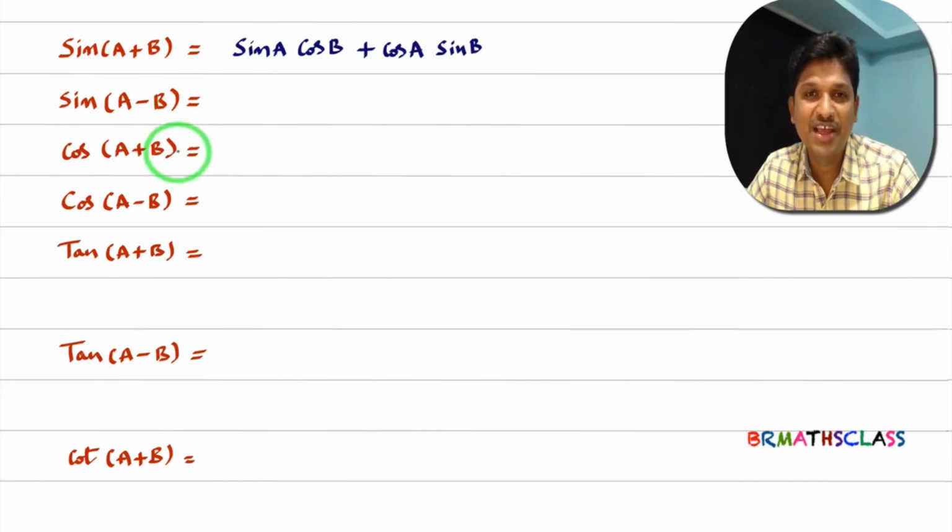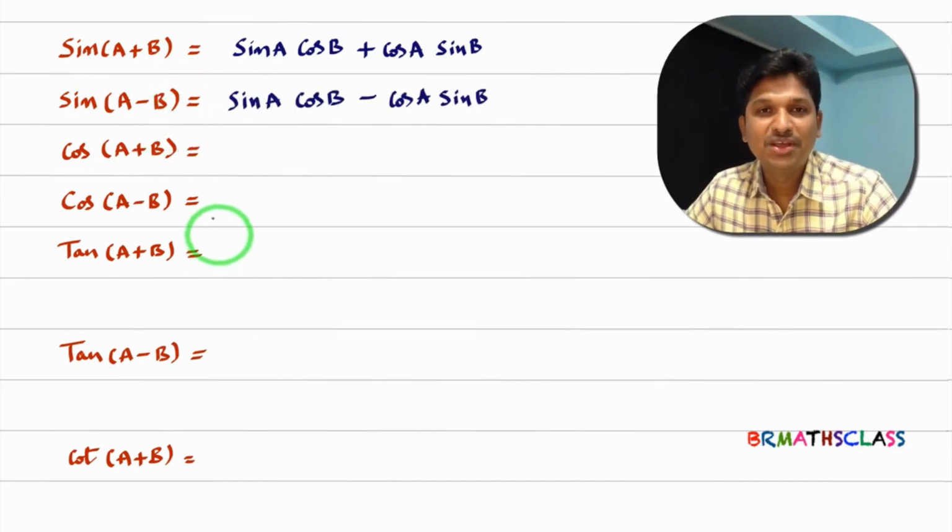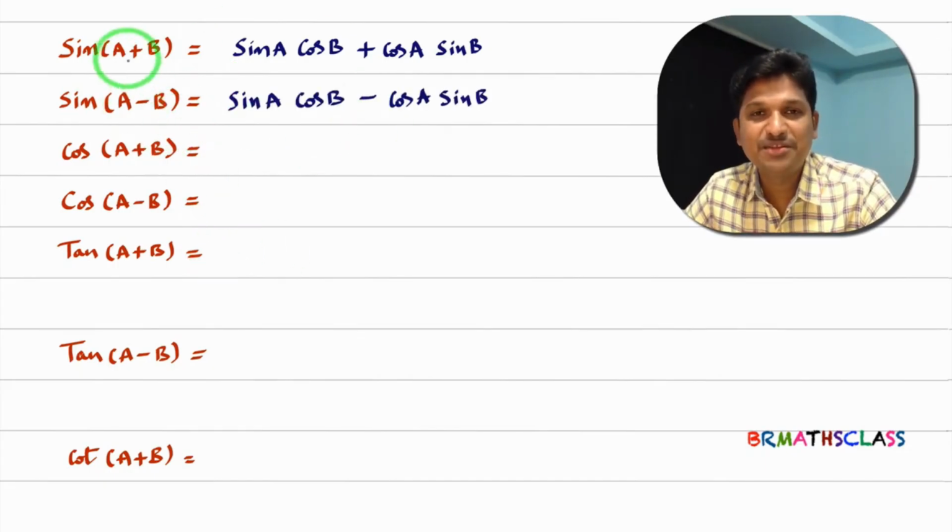What is the formula of sin(a-b)? You observe, is there any difference between sin(a+b) and sin(a-b)? This is also sin a cos b minus. The only difference is minus. In the sin(a+b) formula, plus is there. In the sin(a-b) formula, minus is there.